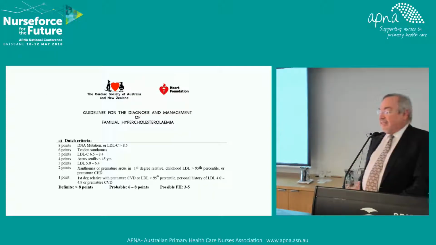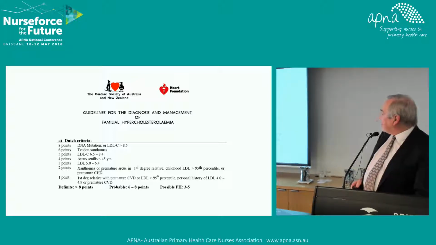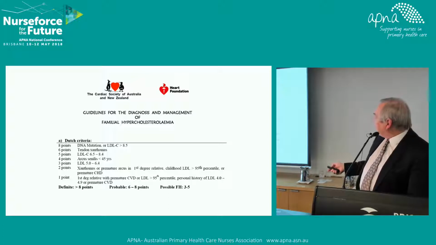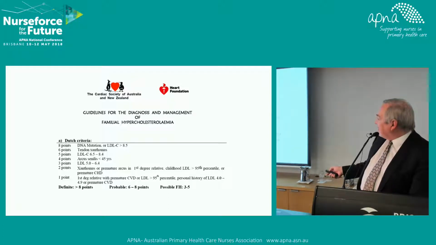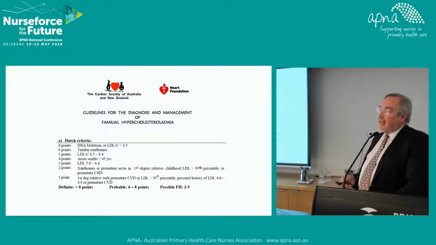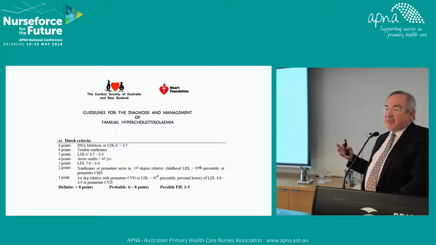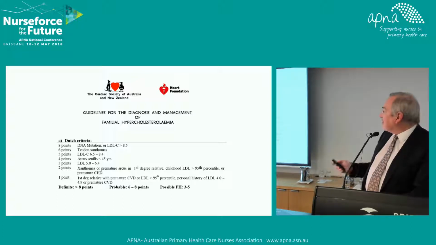So that brings us back to these guidelines for diagnosis and management. You won't need to read all these, but basically it's giving a list of clinical and laboratory ways of working out whether the person is likely to have an LDL receptor defect and so be a familial hypercholesterolemia, or whether they're just someone with a high cholesterol for other reasons.